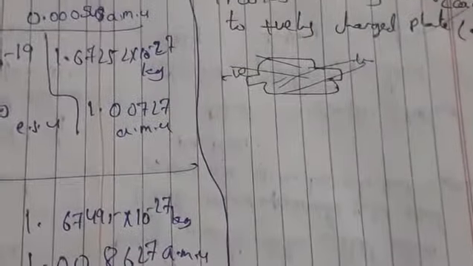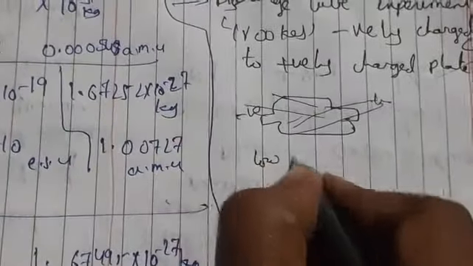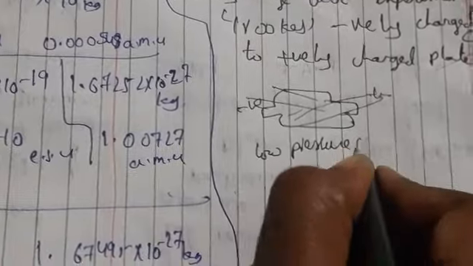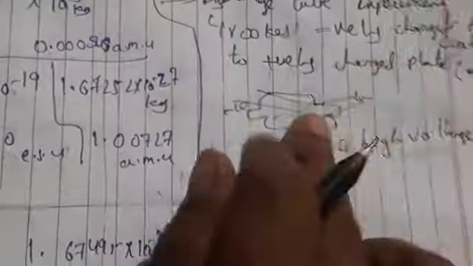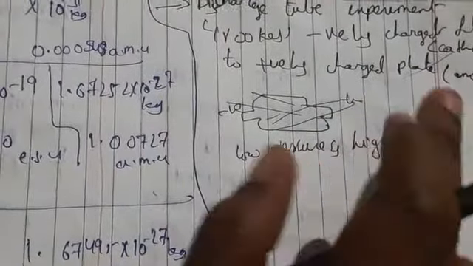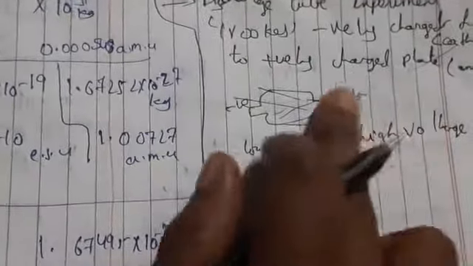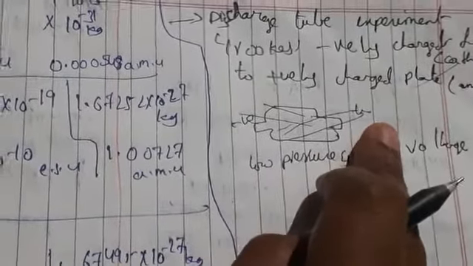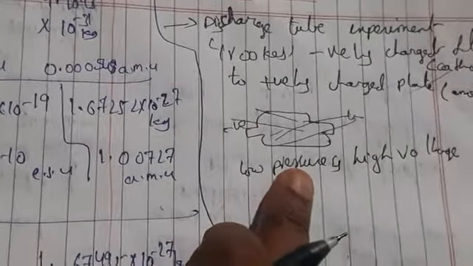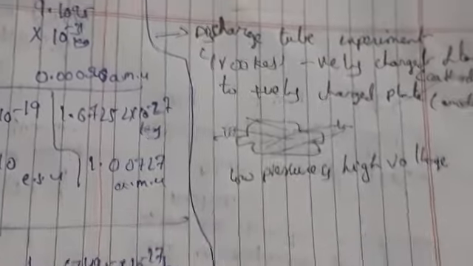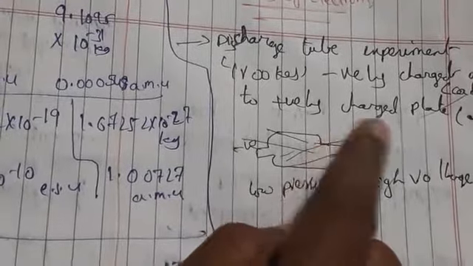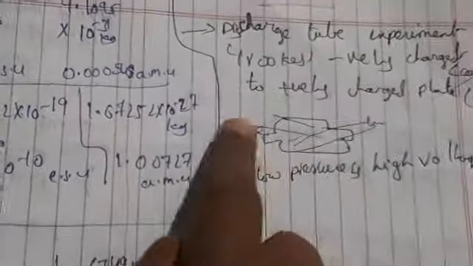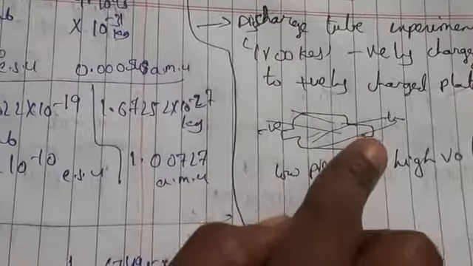By maintaining low pressure and high voltage in the discharge tube, a stream of particles moves in the tube from cathode to anode. So when we maintain low pressure, high voltage and high current, Crookes found that the negatively charged particles are moving to the anode.